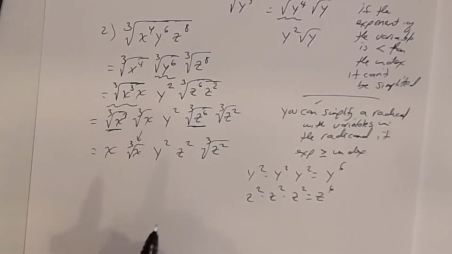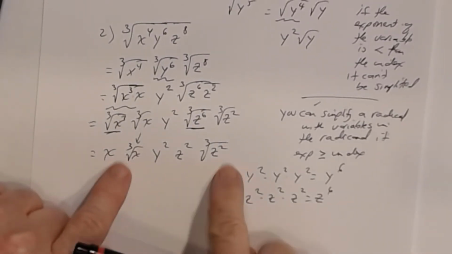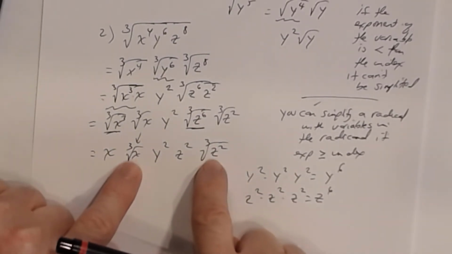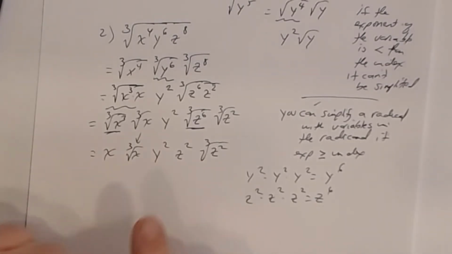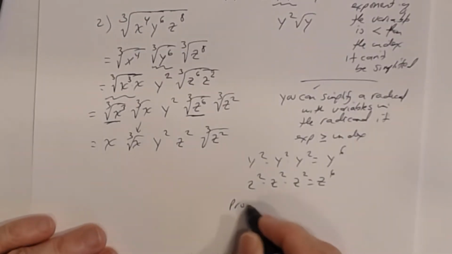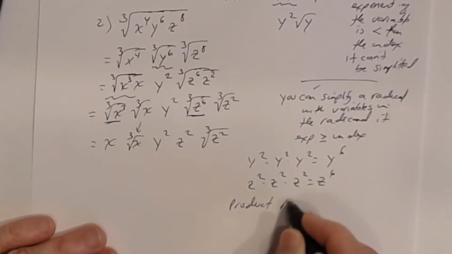Okay, now, that's not your answer. Okay, so listen to what I'm about to say. You always want to write the answer. See how I have two cube root expressions? You want to write it as one. So remember, there is a property that says this, the product property. Again, you can think of this as a product property as well.